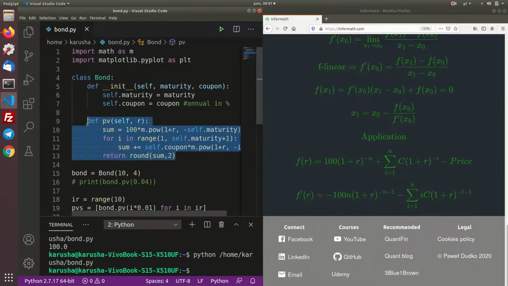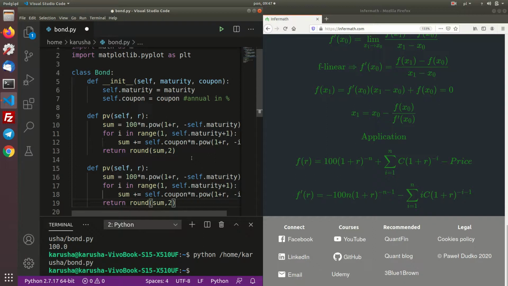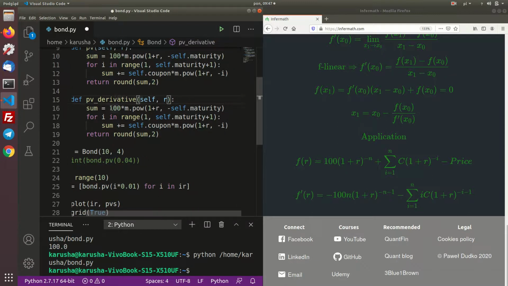Okay, so let's now implement this derivative function into our bond class. Let's copy the PV method that we have here. Let's call it now PV derivative. So what we need to do here is multiply by minus maturity.